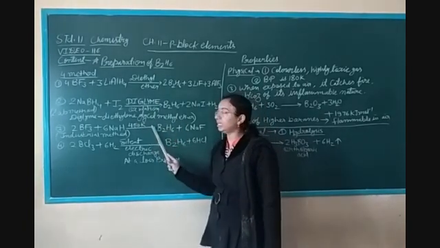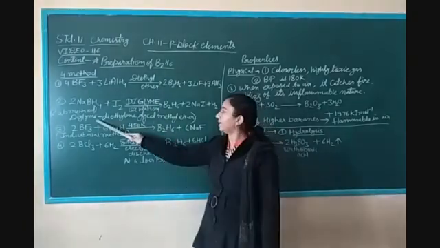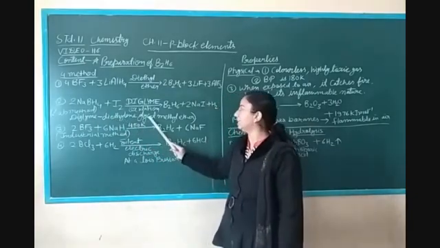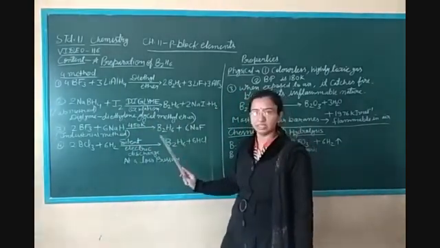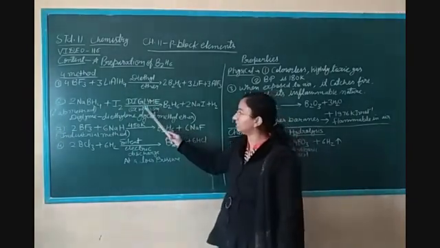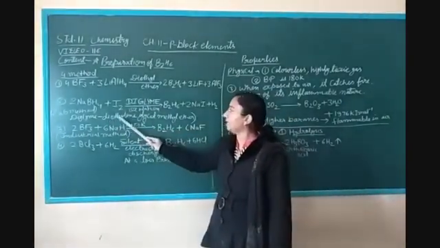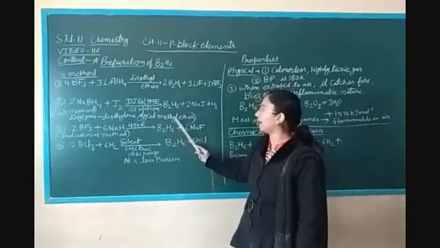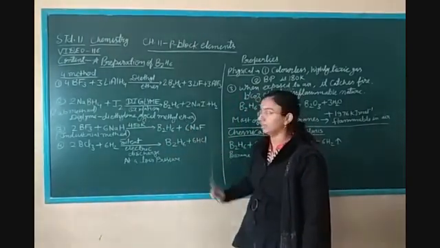So the full name is diethylene glycol methyl ether. Diglyme is the short way we write this catalyst, but the full form is diethylene glycol methyl ether.